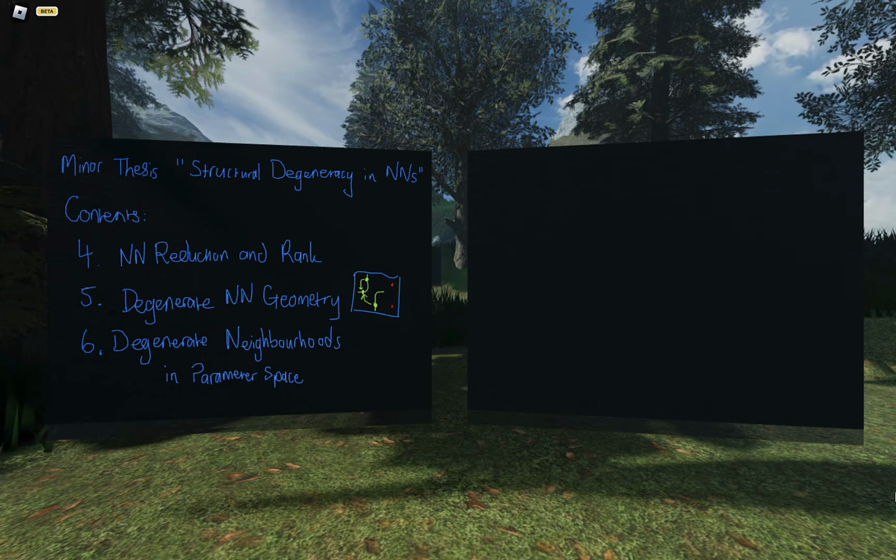We were talking about the rank before. Maybe there's degenerate networks and there's very degenerate networks that have very low rank. Determining how close a parameter is to an arbitrary low rank part of the parameter space is going to be NP complete. That's what I prove in my thesis.